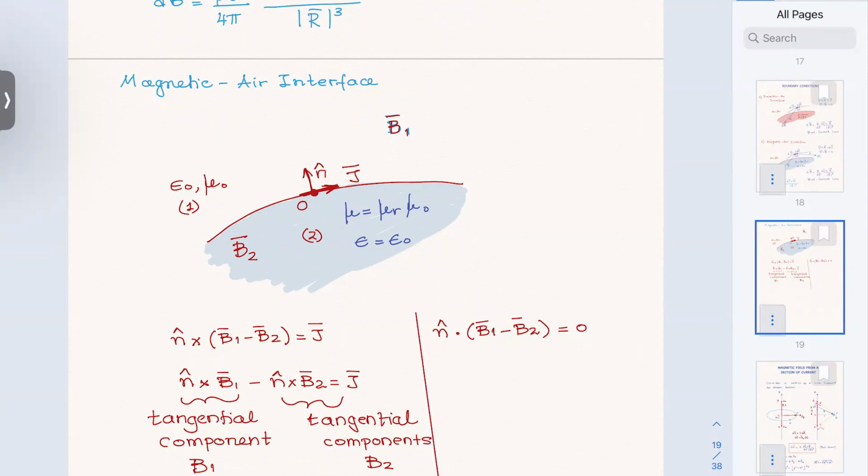While here, the other condition says that N dot B1 is equal to N dot B2, and that says that the normal component of B is continuous through an interface. Air magnetic interface.